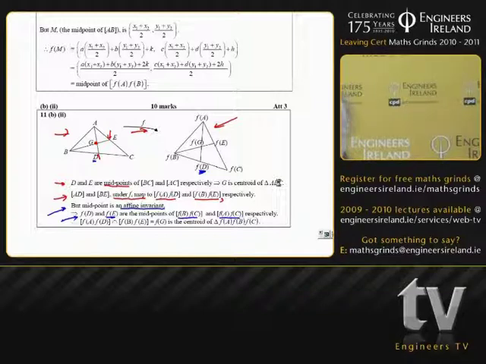If d is the midpoint of bc here, and e is the midpoint of ac here, the situation must be that this is the midpoint of that line, and this must be the middle of that line.